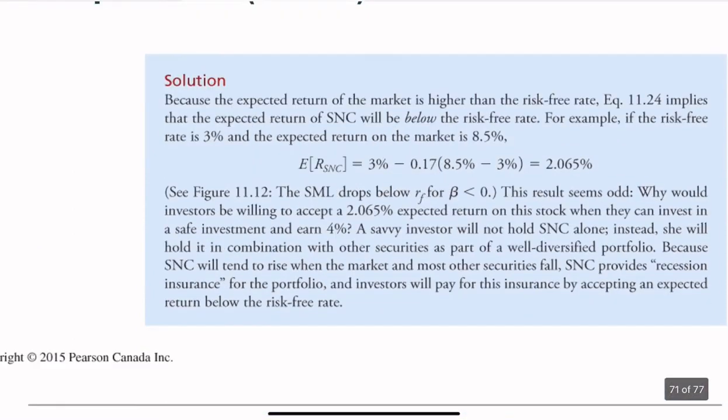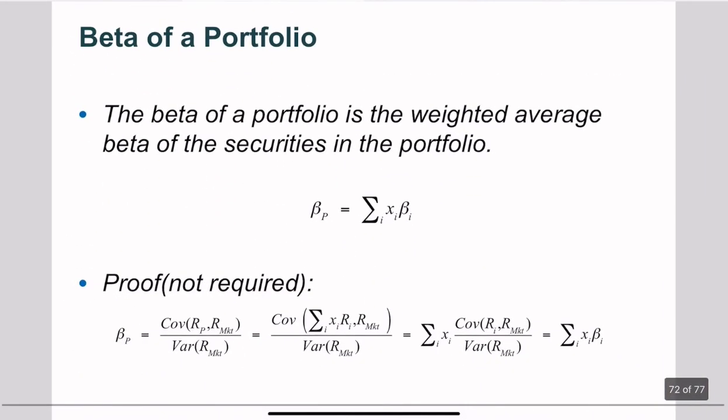Now we talk about the beta of a portfolio. We have only talked about the beta of a single investment, right? We know how to calculate it. But now, how do you calculate the beta of a portfolio? Well, it's pretty simple as long as you know the portfolio weights. The beta of a portfolio is the weighted average beta of the investments in the portfolio.